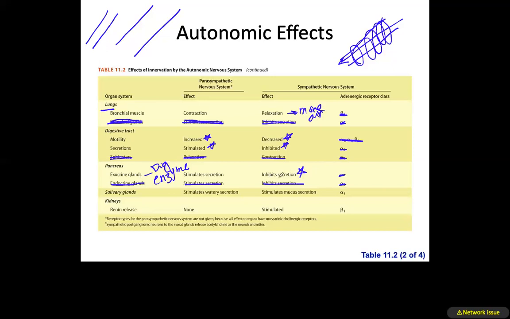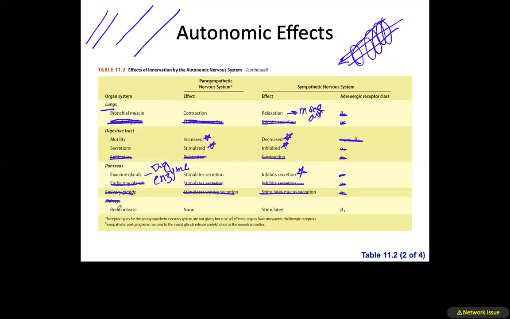So all of the digestive enzyme secretion is inhibited, versus when you're dealing with rest and digest, the secretion is stimulated. Salivary gland, I don't need you guys to know because you really don't have details about the salivary gland as much, so you can skip this.